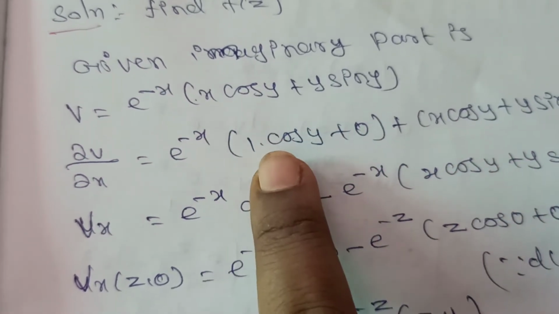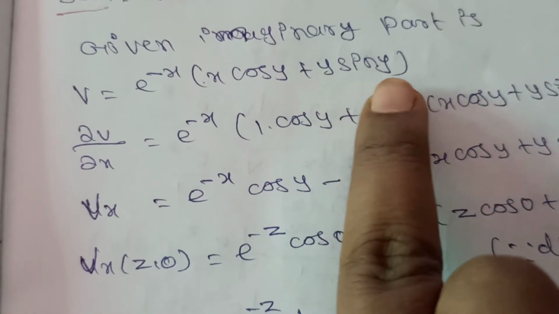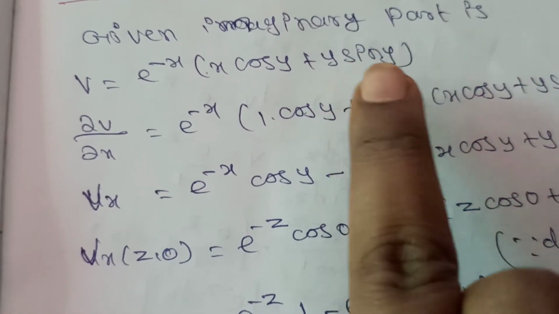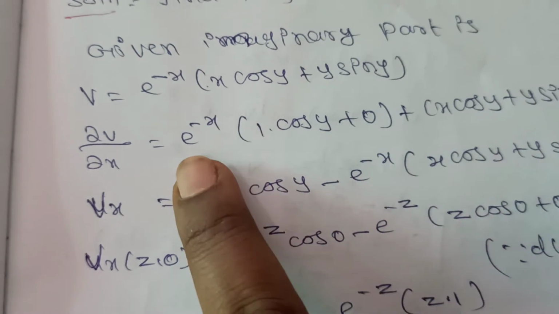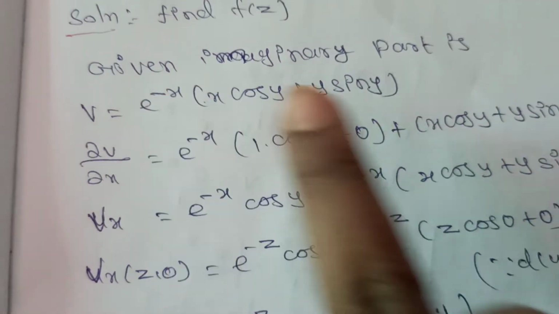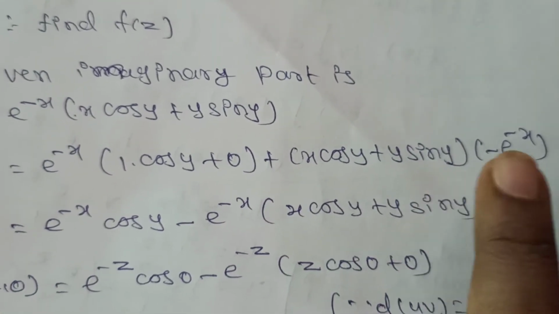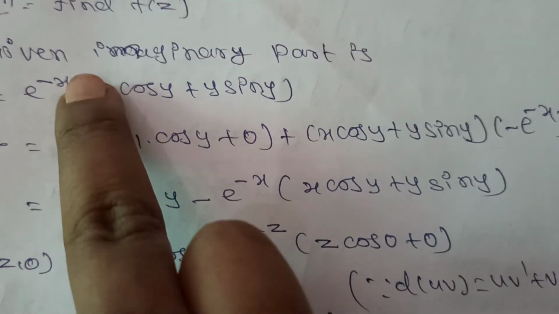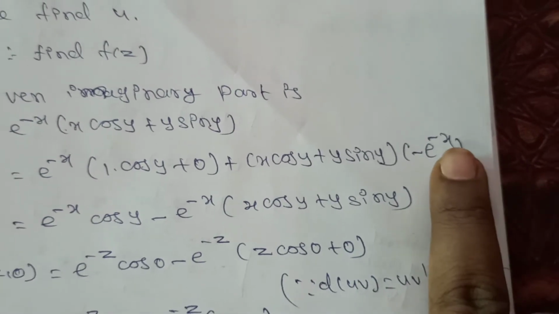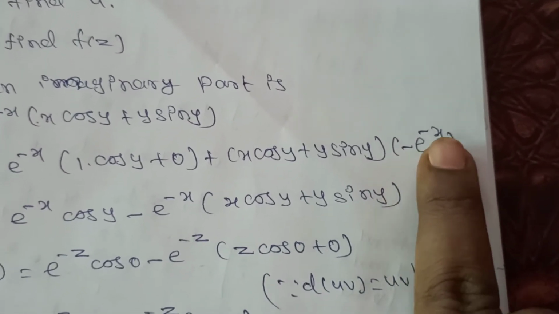Differentiation of x is 1 into cos y, which is a constant, plus y into sin y, where y is a constant, so this term becomes 0. Then v u dash: take the v value x cos y plus y sin y into u dash. The differentiation of e power of minus x is e power of minus x into minus 1, that is, minus e power of minus x.